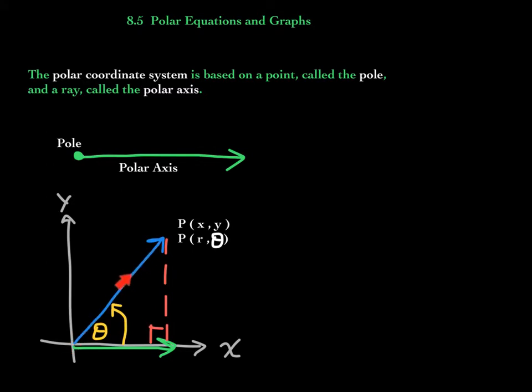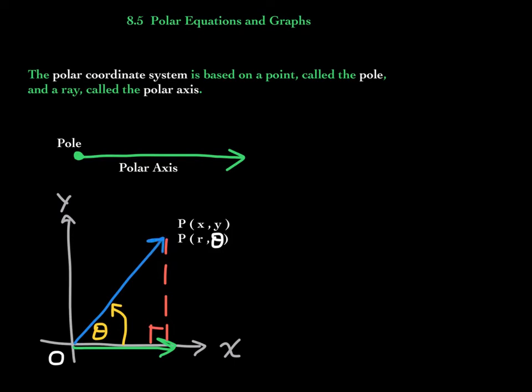This is the ray OP, if I can label the origin O there. And the directed distance r, right? r is the distance from the origin to that terminal point P.